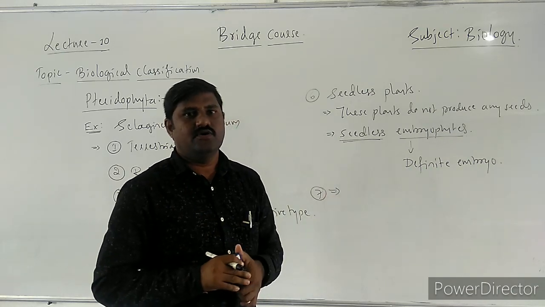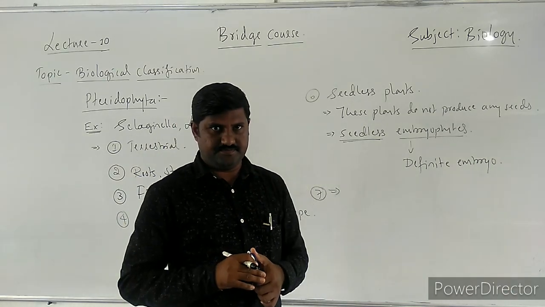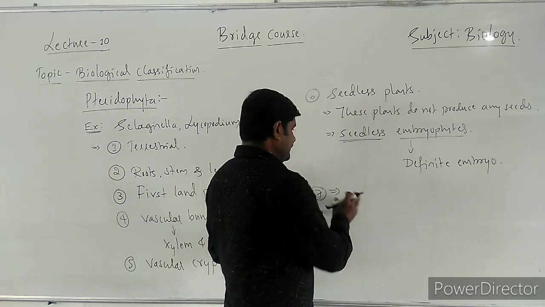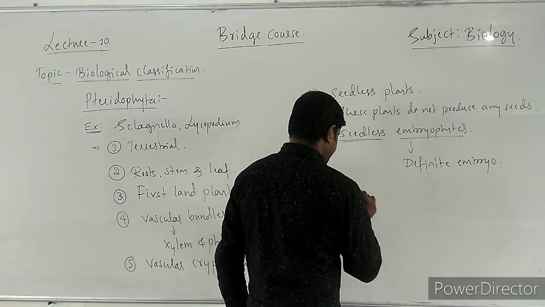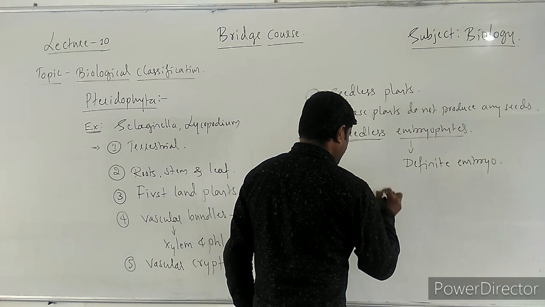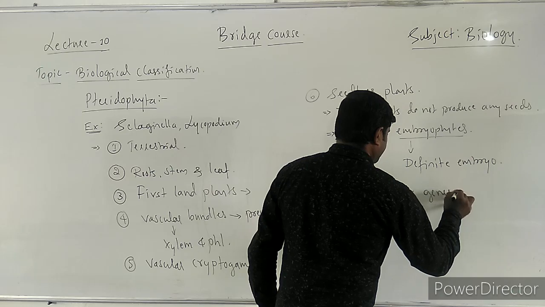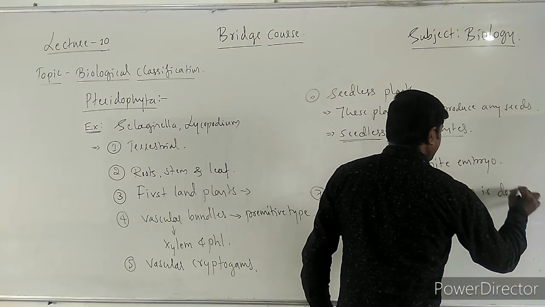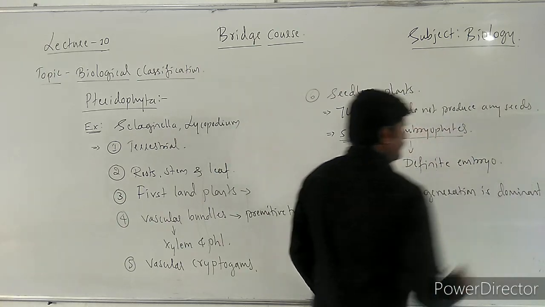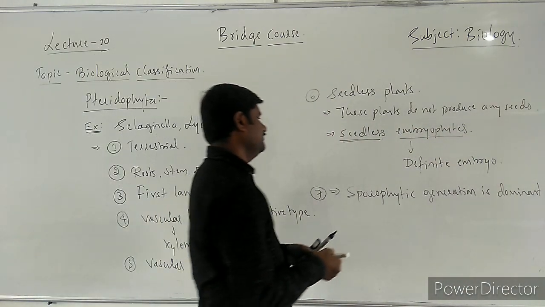One is the sporophytic plant, the second one is the gametophytic plant, right? In these plants, sporophytic generation is dominant.